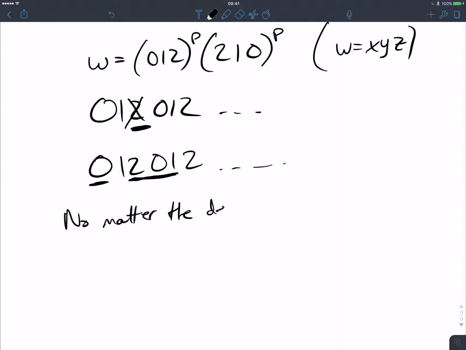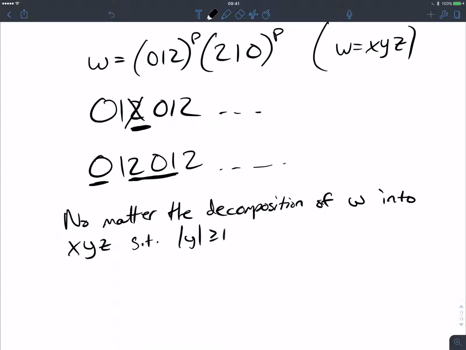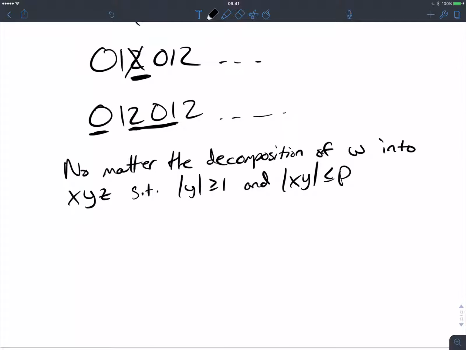the decomposition of W into X, Y, Z so that Y is non-empty and X, Y is within the first P characters. Consider X, Y to the 0, Z. So remove Y from the string.